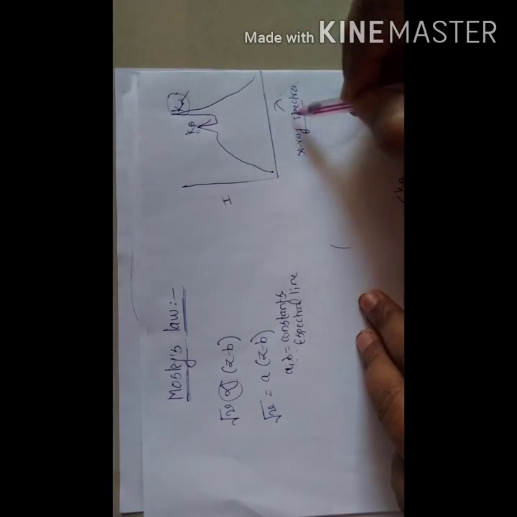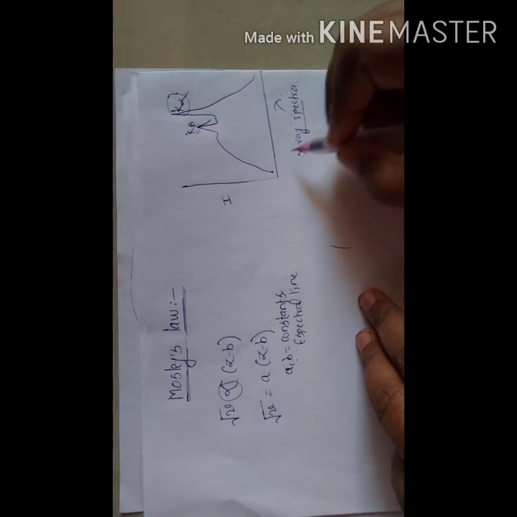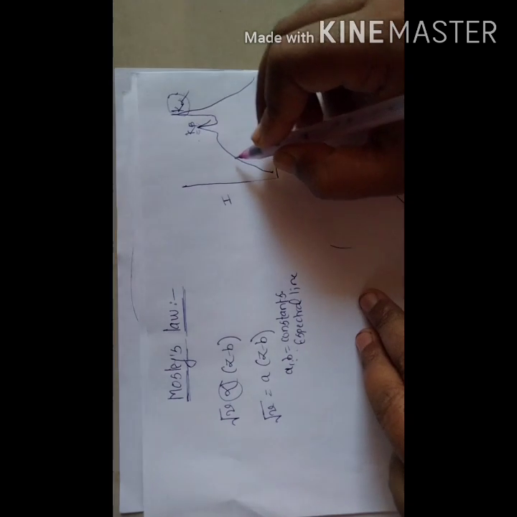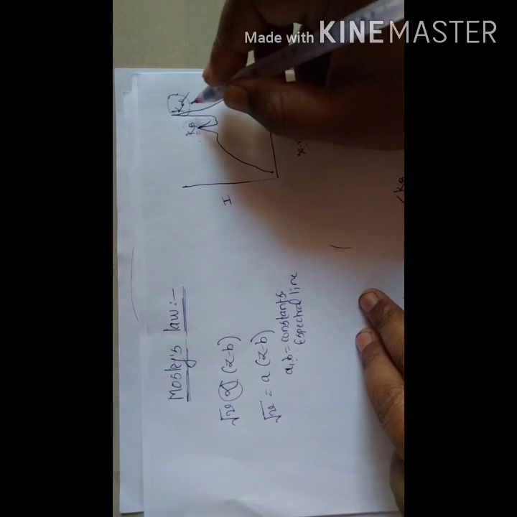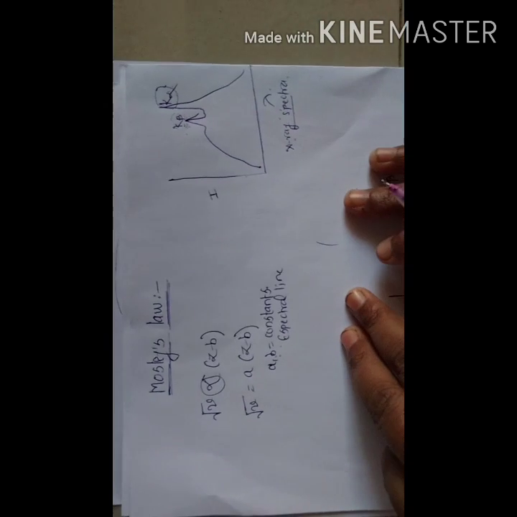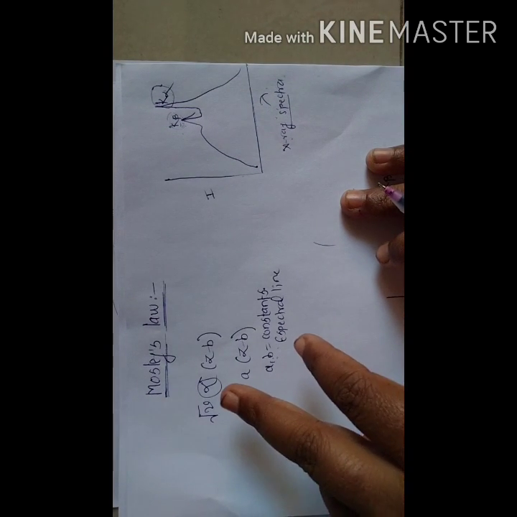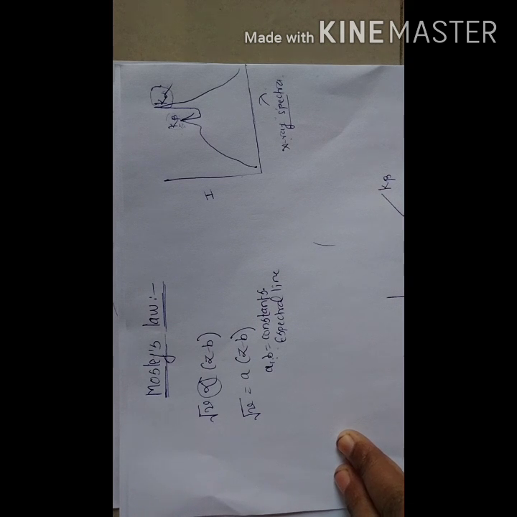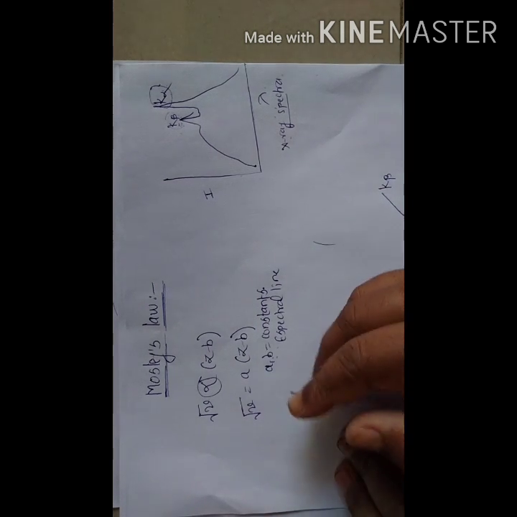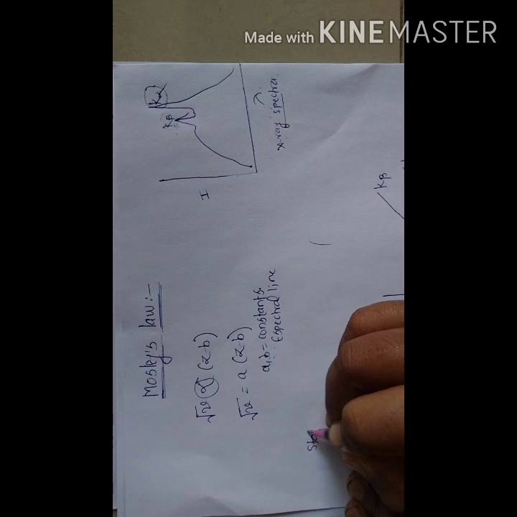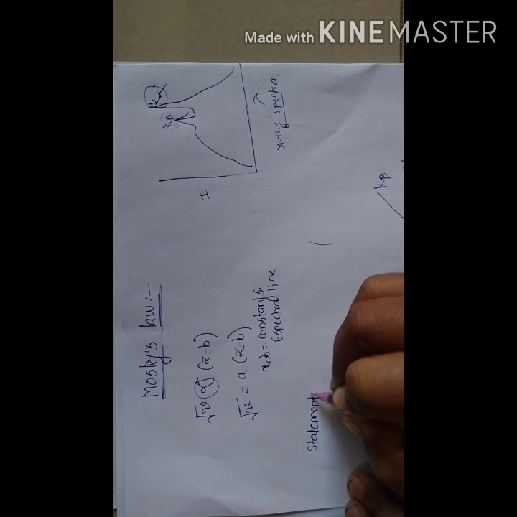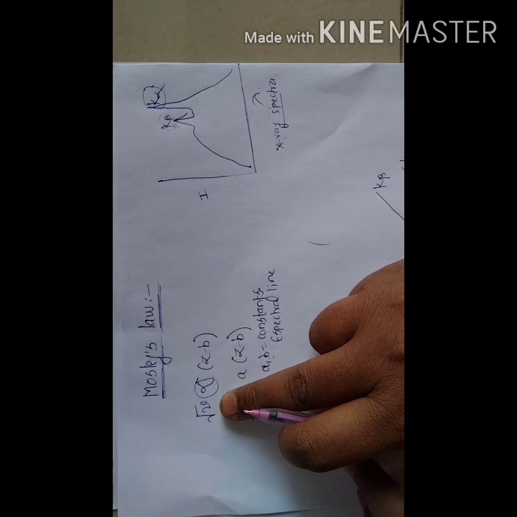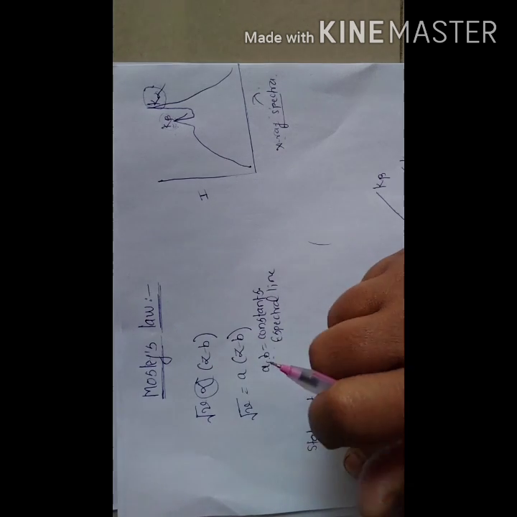This is the X-ray spectra, and in that X-ray spectra I have shown you the spectral lines, that is K alpha and K beta. Here we will see Moseley's law. The mathematical statement of Moseley's law is that the square root of the frequency of a spectral line in the characteristic X-ray spectra is directly proportional to the atomic number.